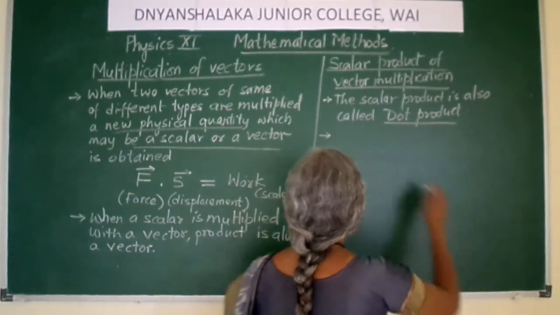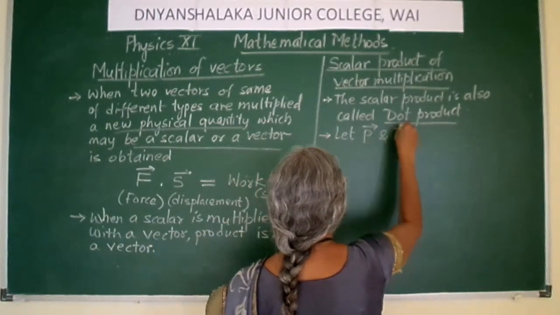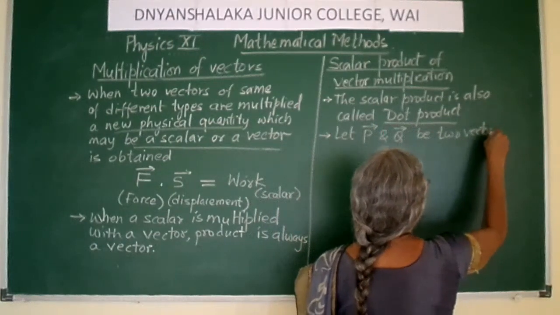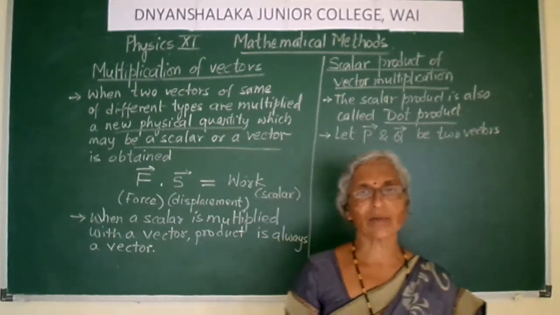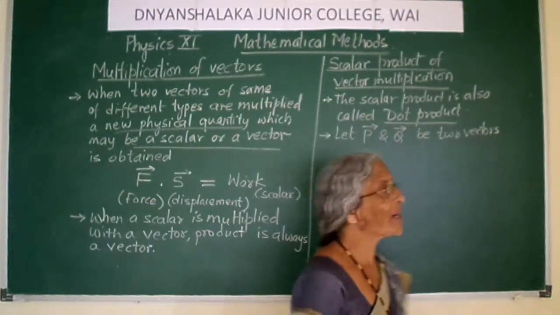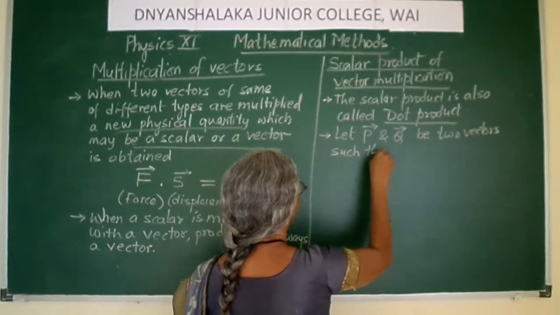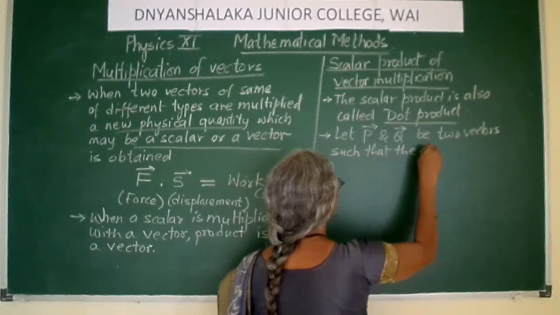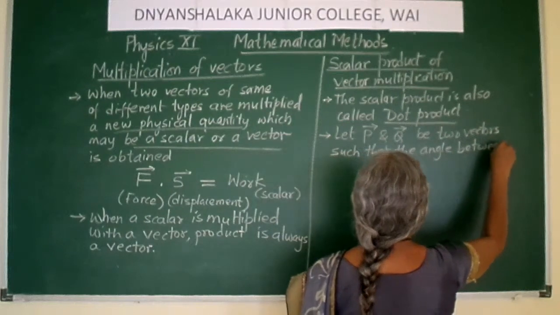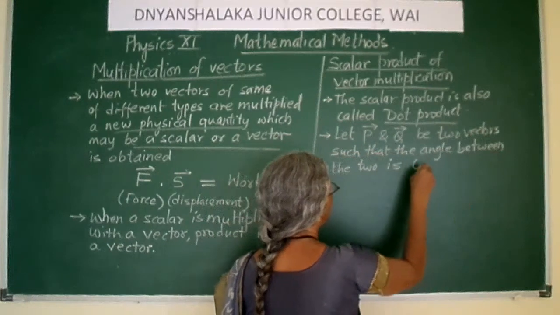Okay, so let vector P and vector Q be two vectors, such that the angle between the two is theta.